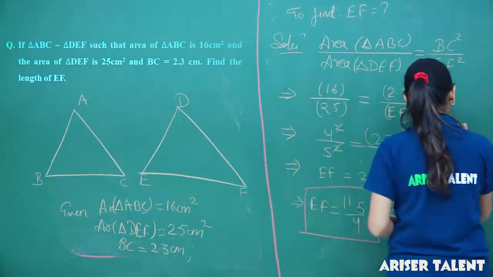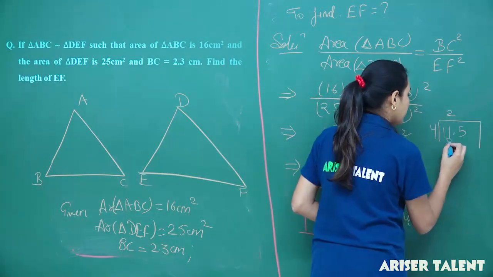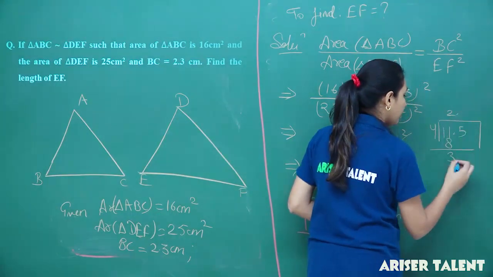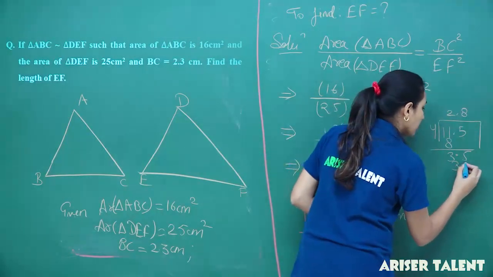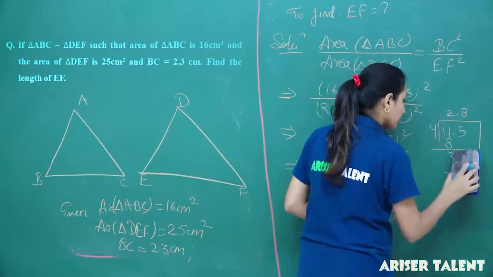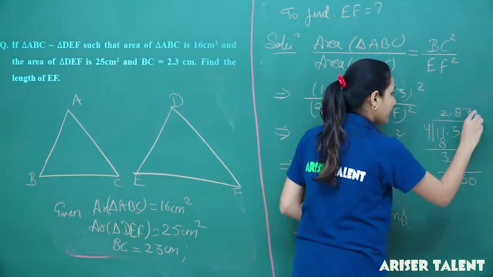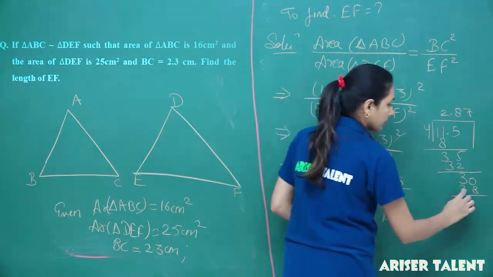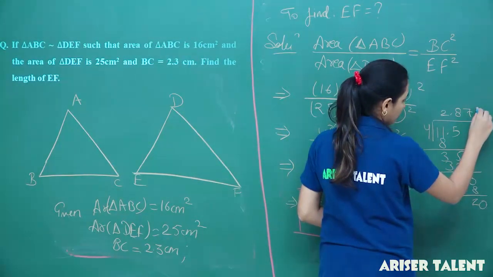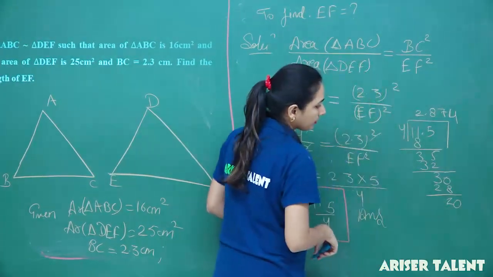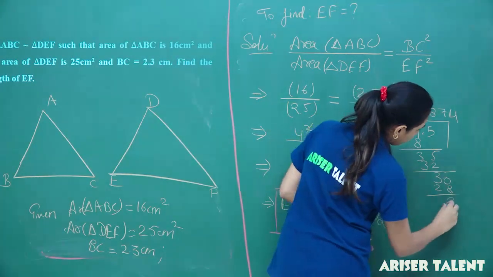You can further solve it like this, 11.5 by 4. 8 times 32, then 3, 0, 7 times 28, 2, 0, 4, that is 2, right, 2.